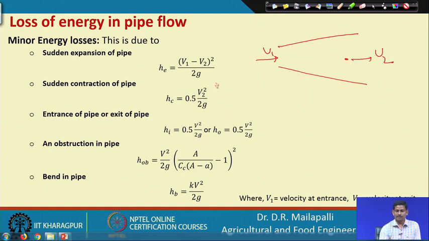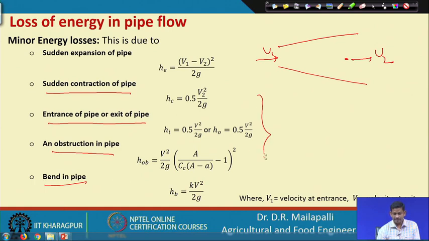V1 minus V2 squared by 2g gives the head loss due to sudden expansion. Similarly for sudden contraction of the pipe, entrance or exit of the pipe, or an obstruction and bend in a pipe. These equations can be used to find the minor head losses.